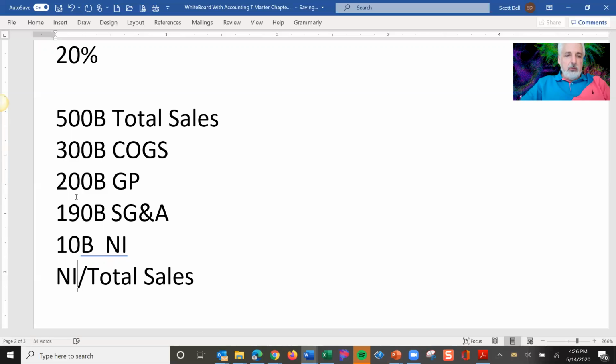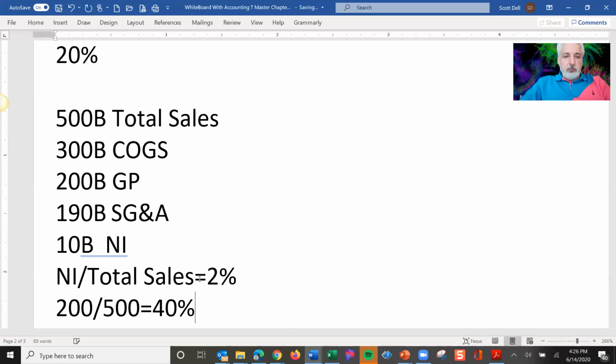So if I did net income over total sales, 10 out of 500, which is the same as 20 out of 1,000, that would be 2%. If I decided to do a gross profit percentage, and I took 200 out of 500, that's 2/5. That would equal 40%.